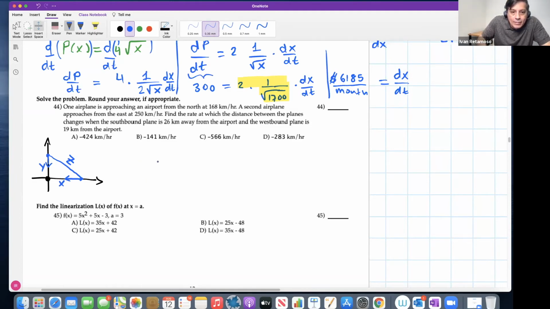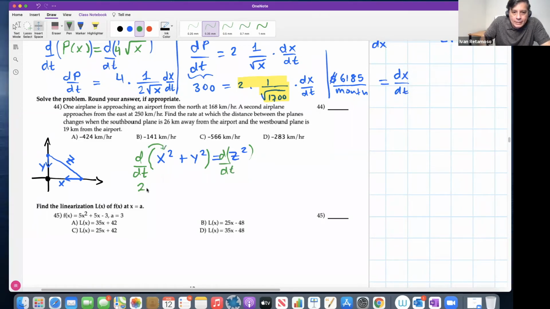Now, at any moment, x squared plus y squared will be equal to z squared, right? At any moment. Now, we take the derivative with respect to time. And this will give us the relationship between the rates of change.